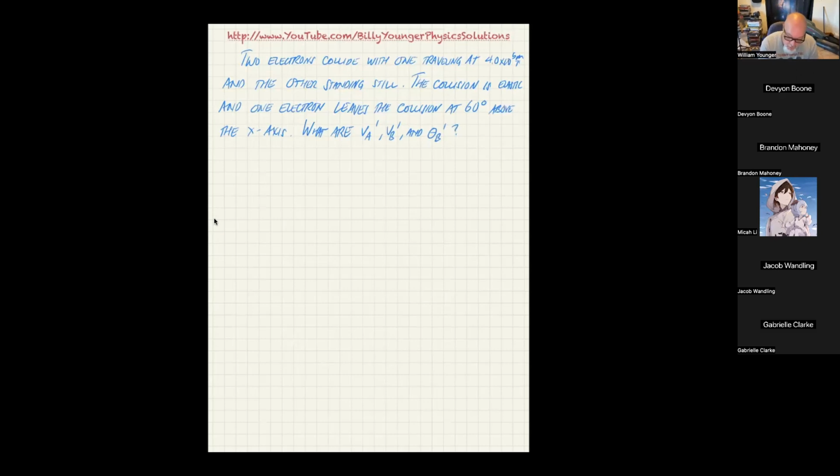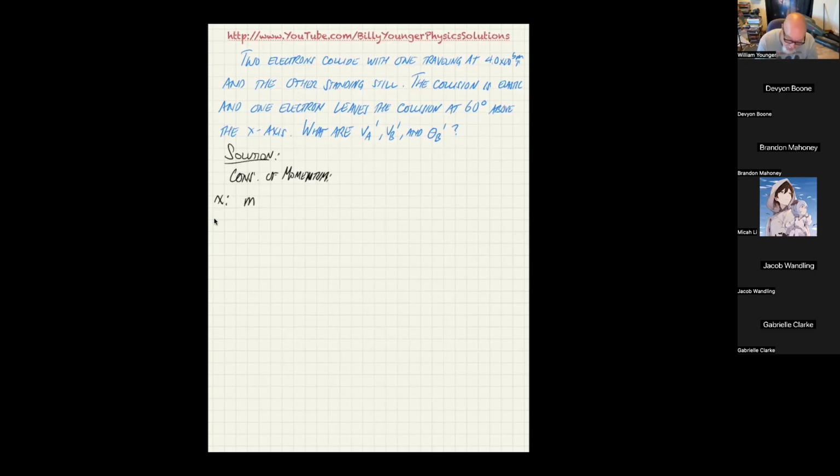So let's do our solution like this. Again, we're doing conservation of momentum because we think the net force acting on the system is 0, and that's what's required for momentum to be conserved. So the x component of momentum is going to give us, again, we'll have m. Notice they're identical.